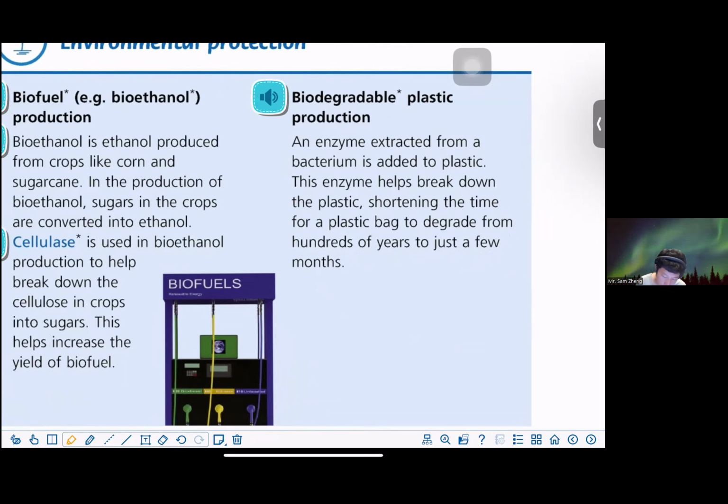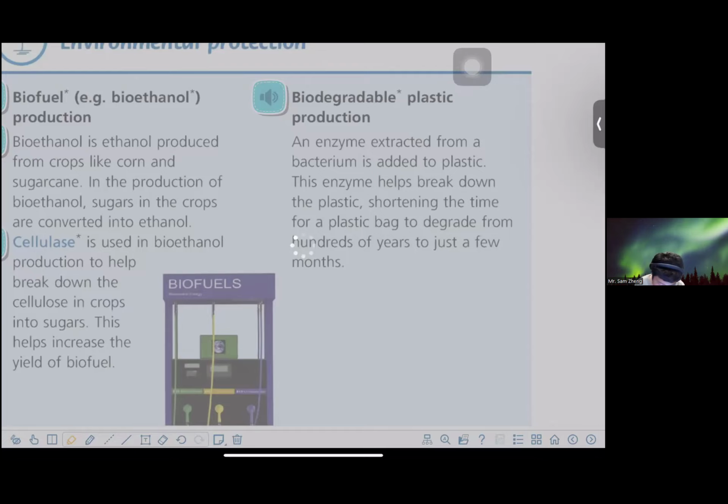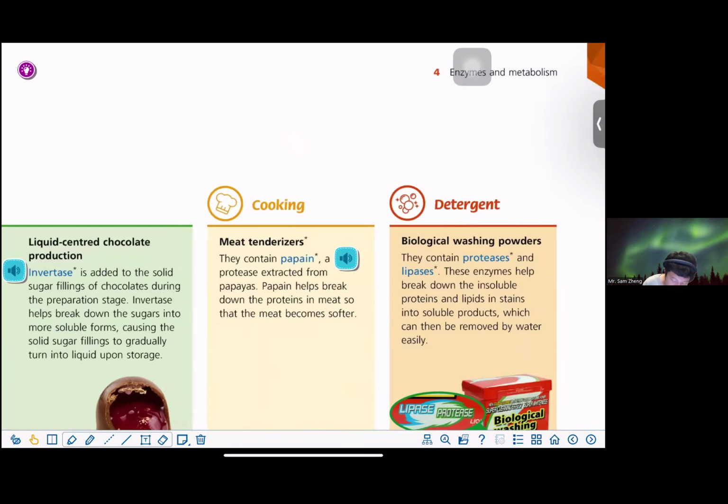So once we got these enzymes, it can be easily broken down into smaller carbon items, I mean smaller chains of carbon atoms.